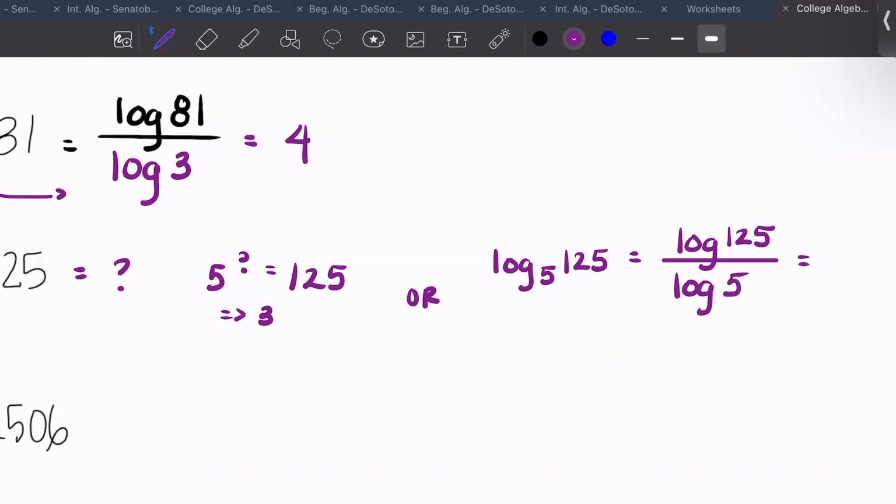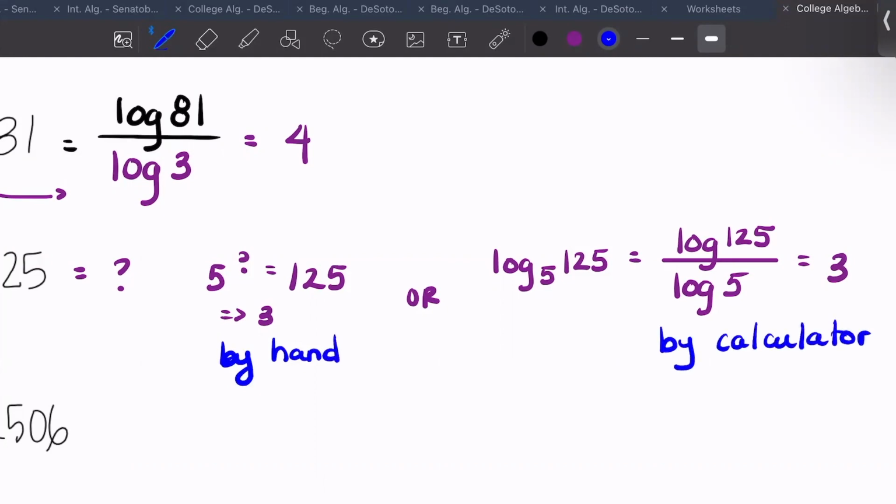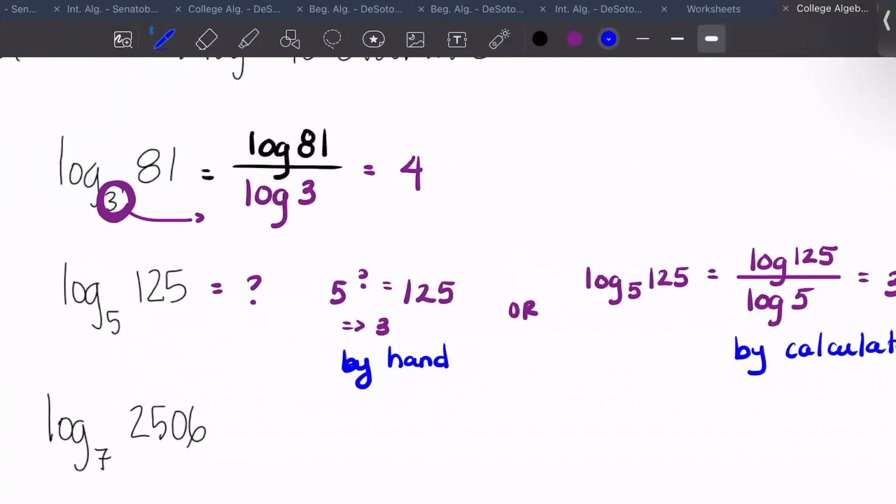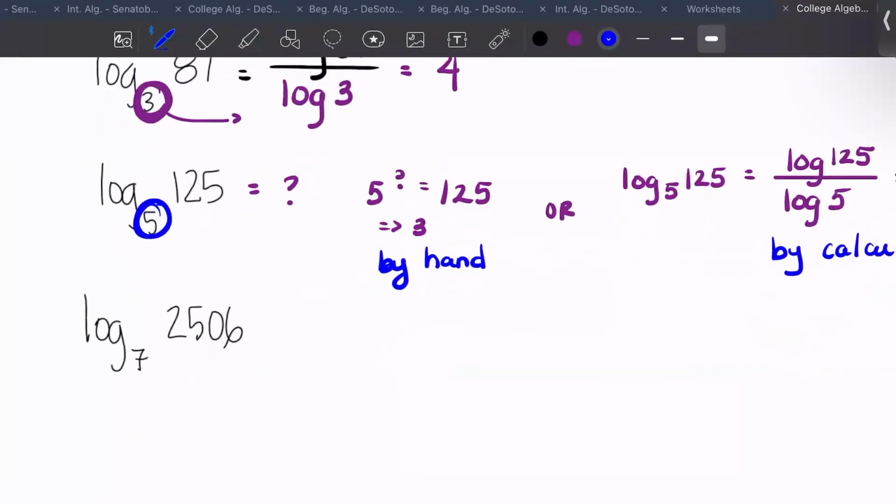And you should get 3 when you do that. So this one is by hand, using your circle. This one is by calculator, right? And the key is making this base. You're going to take the log of 125 over the log of whatever your base was, which was 5.